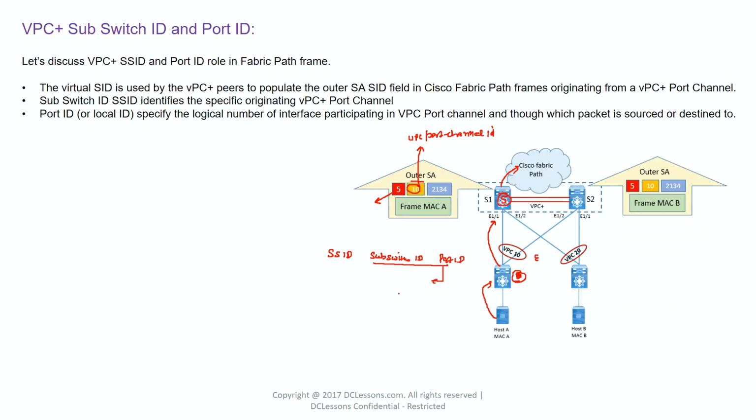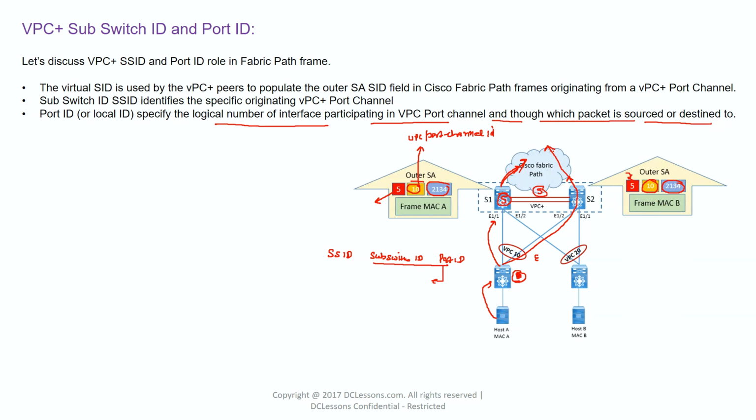This is the logical number of the interface participating in the VPC port channel through which the packet is sourced or destined. So this will be 2134, and from here it will be sent. Now if the packet is sent here also, because this is my VPC+, my source ID will be the same because I have configured a FabricPath switch ID. Again, my VPC port channel 10 and my logical interface 2134, and from here the traffic will be forwarded.